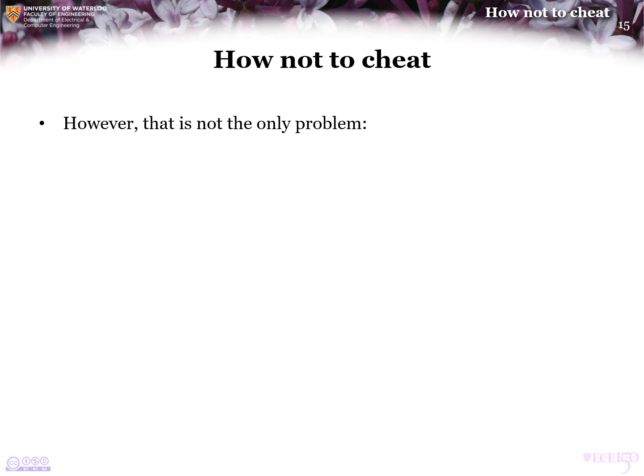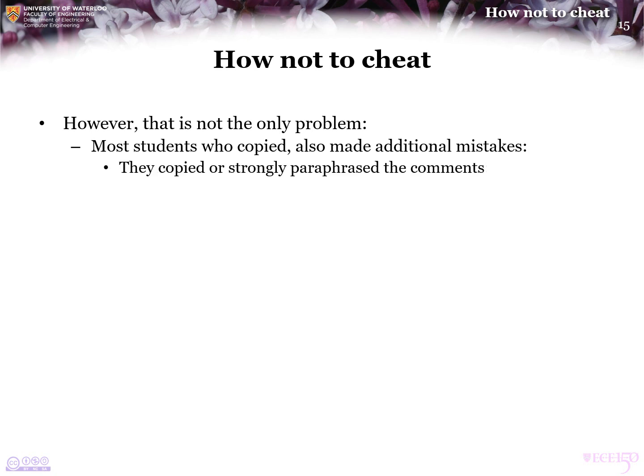Because remember, a student who is already copying is probably suboptimal. Therefore, they're going to make other mistakes. Most students who copied verbatim or strongly paraphrased the comments appearing in the original source code online.